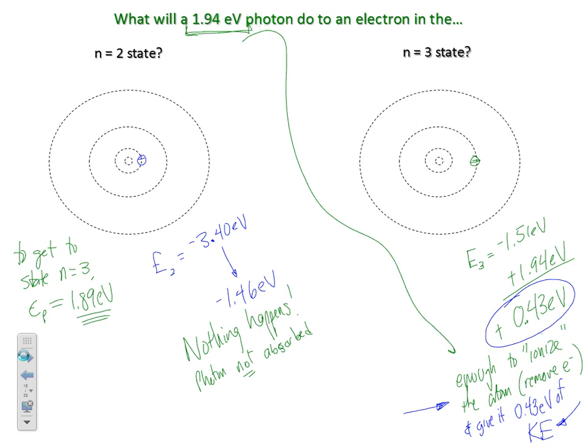So typically, in many cases, it's real important that energies of photons are exactly the difference between two energy states. Unless, like over here, when that energy is enough to completely remove the electron from the atom. And in that case, any excess energy goes to being kinetic energy of the electron.